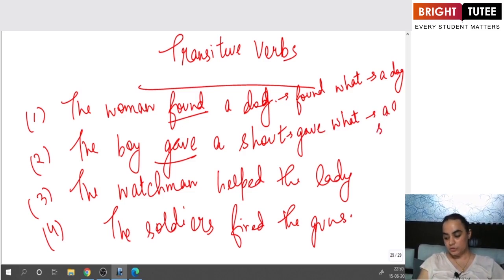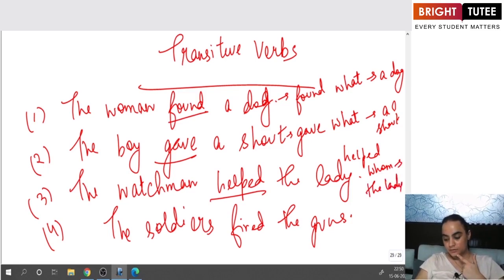A shout. So I have the answer. The watchman helped the lady. What is the verb? Helped. Ask the question: helped whom? And the answer is the lady. The soldiers fired the guns. What is the verb? Fired. So fired what? The guns.